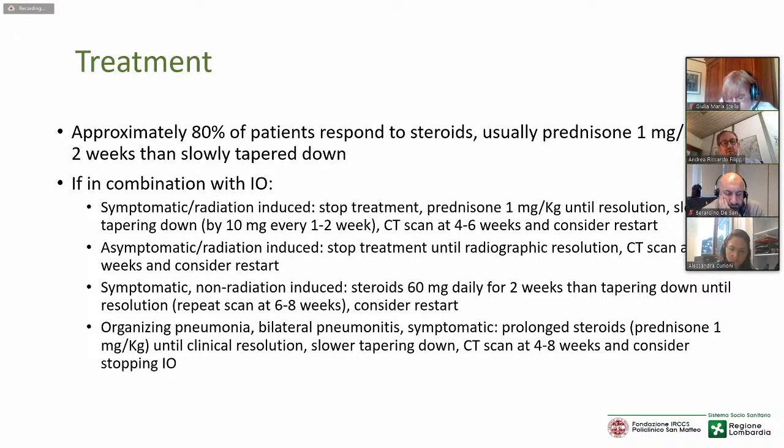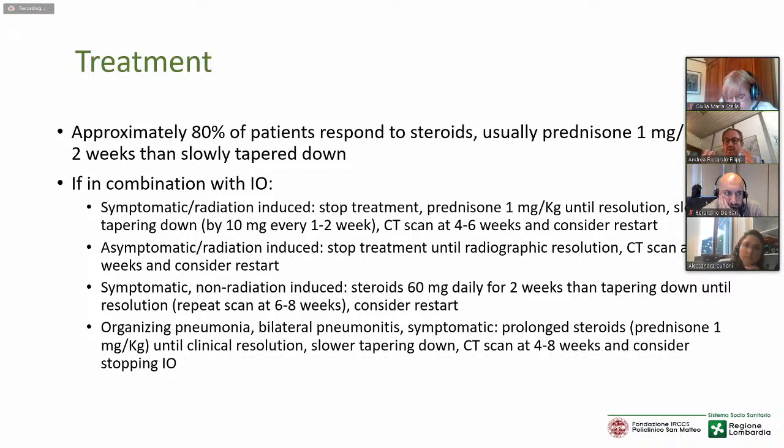For symptomatic pneumonitis, which is defined as non-radiation induced by this double check with medical oncologists and radiologists, we think about a possible pure immune-related toxicity, obviously steroids, as Dr. Curioni pointed out.